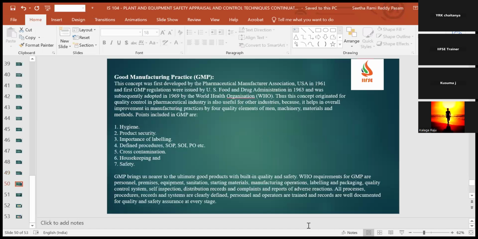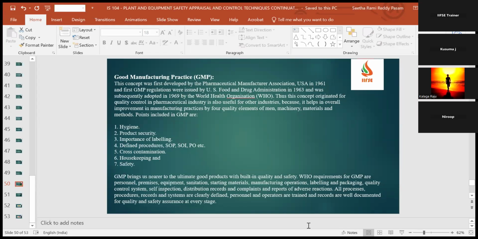Then GMP. GMP is a very big topic. We could discuss it for a whole week or a whole month, but with our syllabus constraints, we'll just take a high level view. Especially those working in the pharma industry are well familiar with these practices. GMP is nothing but good manufacturing practices.